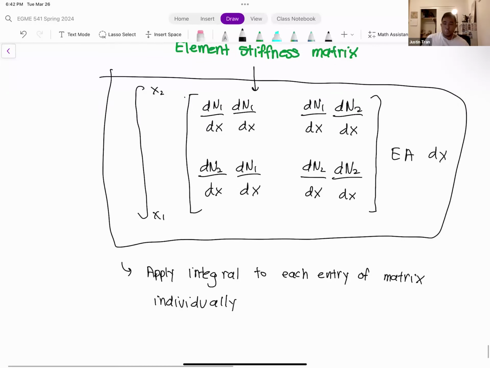So it's not really any magic, it's something that you can easily do. You just integrate each entry of the matrix.